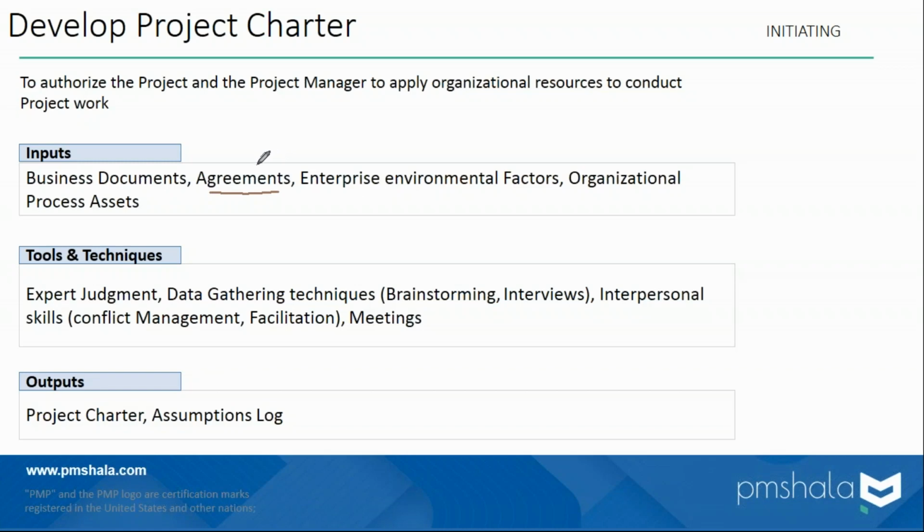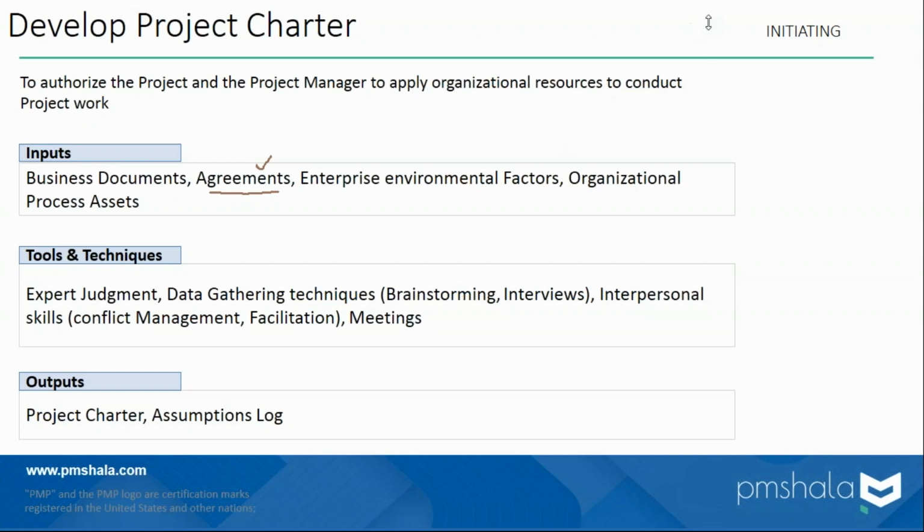So even that is serving as another input. And how is it relevant? In fact, a lot of information for your charter is already there in the contract, like what is the scope, timeline, cost, constraints. Many such information may be already there in the contract or agreement, so you need to fetch it from there.